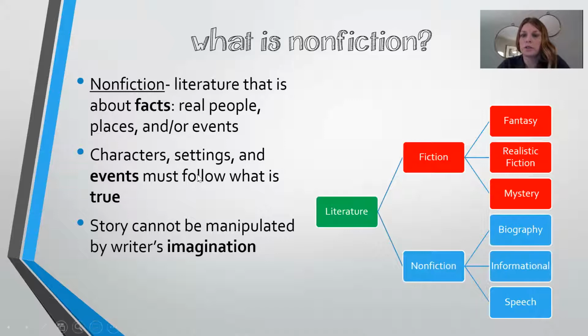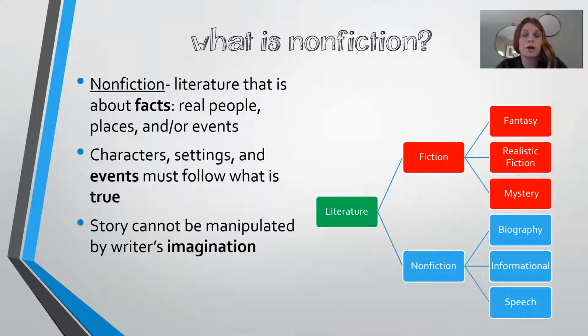So we looked at this chart before of the types of literature. We have literature. We just did fiction. And now we are moving on to nonfiction. There are some subgenres in that, like biography, informational, or a speech. There are a lot more, but those are 3 examples.